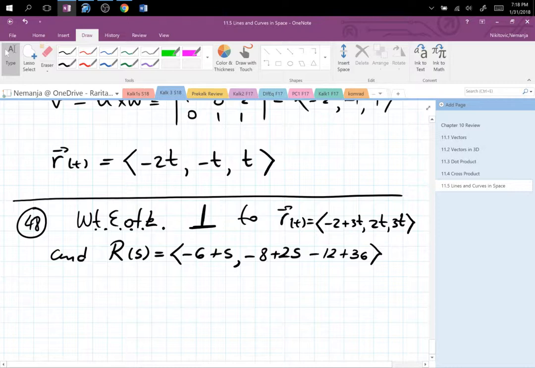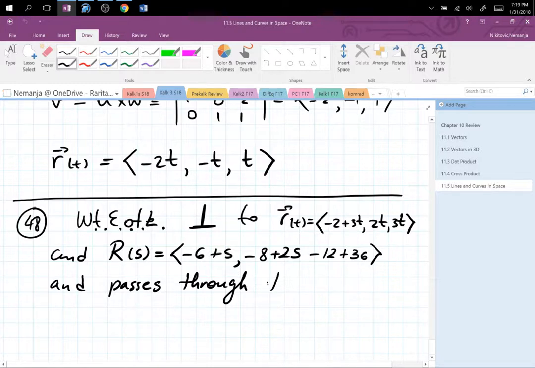So perpendicular to both of those and passes through the point of intersection.